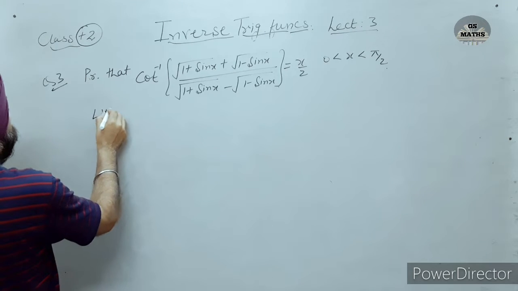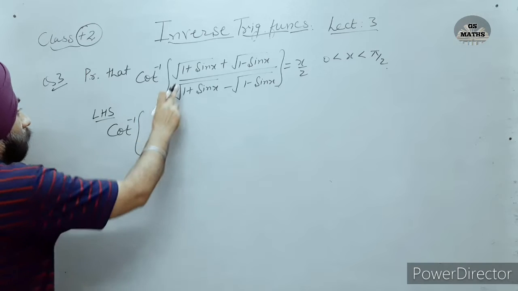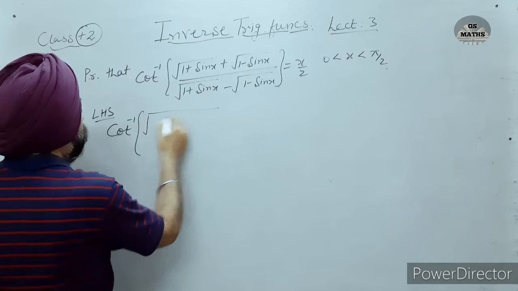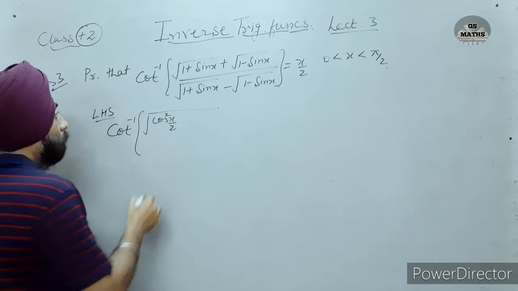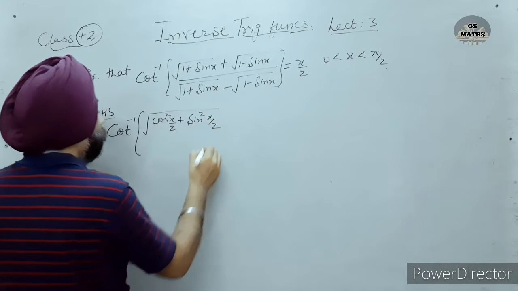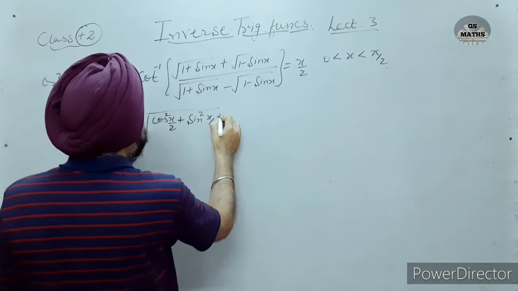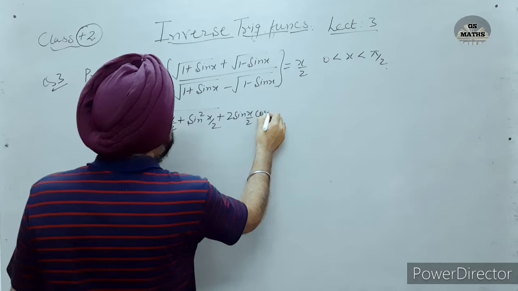Now take the left hand side, it's cot inverse. This is 1 plus sin x under root. I can write this as cos square x by 2 plus sin square x by 2, in place of 1, and sin x is 2 sin x by 2 cos x by 2.